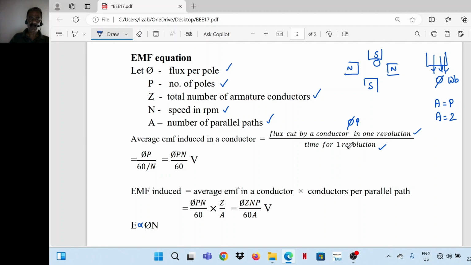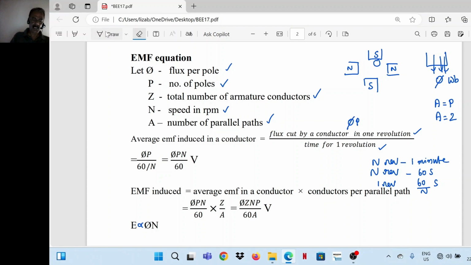Divided by time for one revolution. The generator is rotating at the speed of N RPM. That is N revolutions in 1 minute, or N revolutions in 60 seconds, and the time for one revolution is equal to 60 by N seconds.